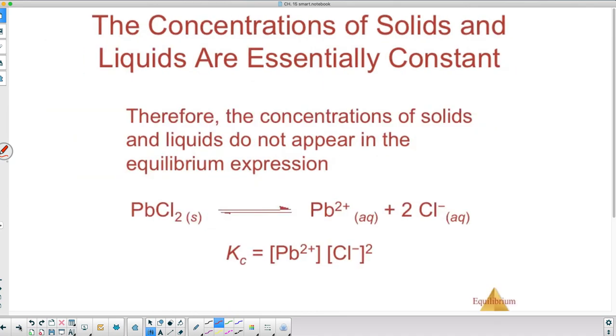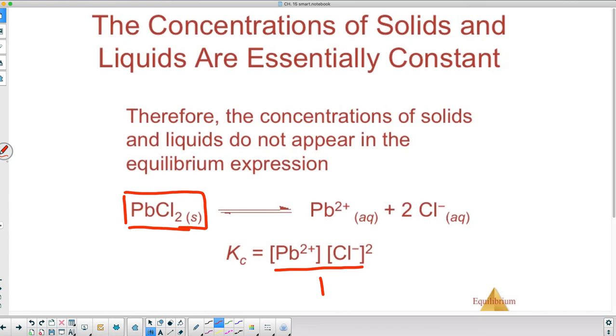So that means that when we look at a Kc, and here's my example, we do not have to consider pure liquids and pure solids. We do not put them into the equation because this is products over reactants, and this would be essentially putting our products over a reactant of a concentration of 100%, or 1.